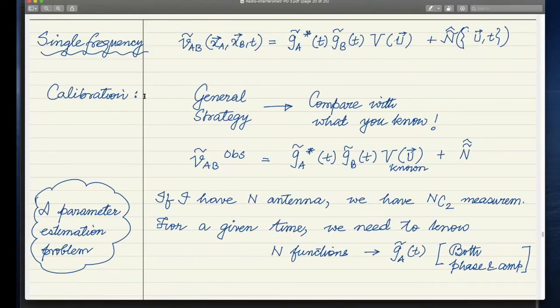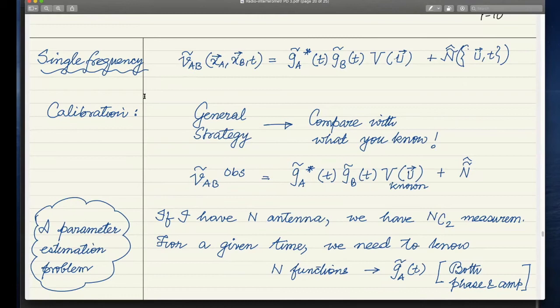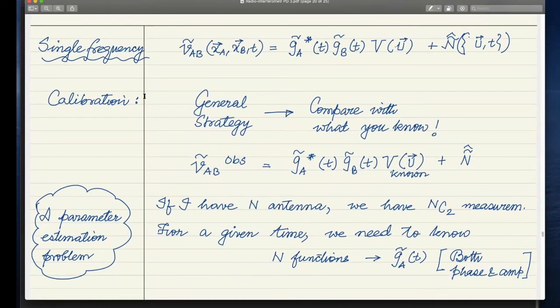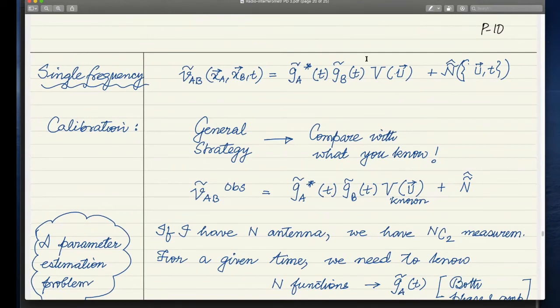So first, let us talk about a single frequency calibration, which is what we are talking about in primary calibration. I don't have the bandpass over here. This V is the visibility of the sky, and for the time being, we are assuming that there are no direction dependent gain errors.